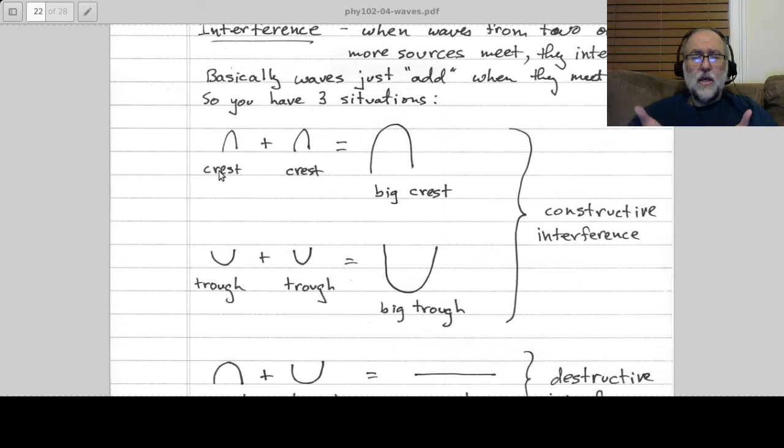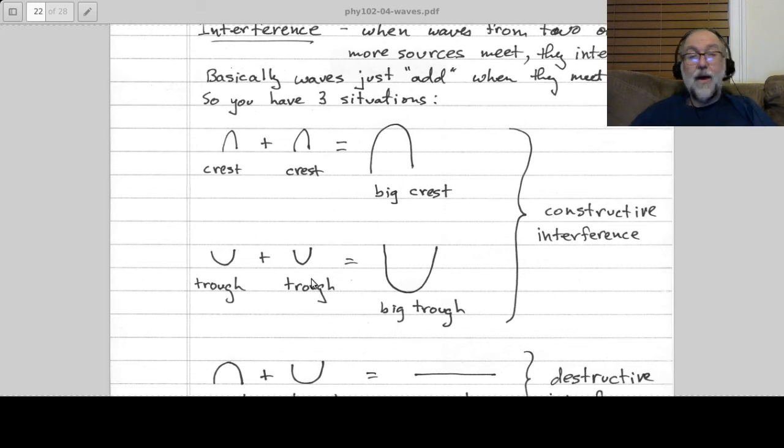Well, what is a crest? A crest is the energy operating in such a way as to try to, if it's water, lift the water up. So one source is trying to lift the water up, the other source is also trying to lift the water up. The two sources together are enhancing one another, and so one crest plus another crest leads to a bigger crest. They add together. Similarly, at some other point in space at some other time, one source might be trying to put a trough there, and another source might also be trying to put a trough there.